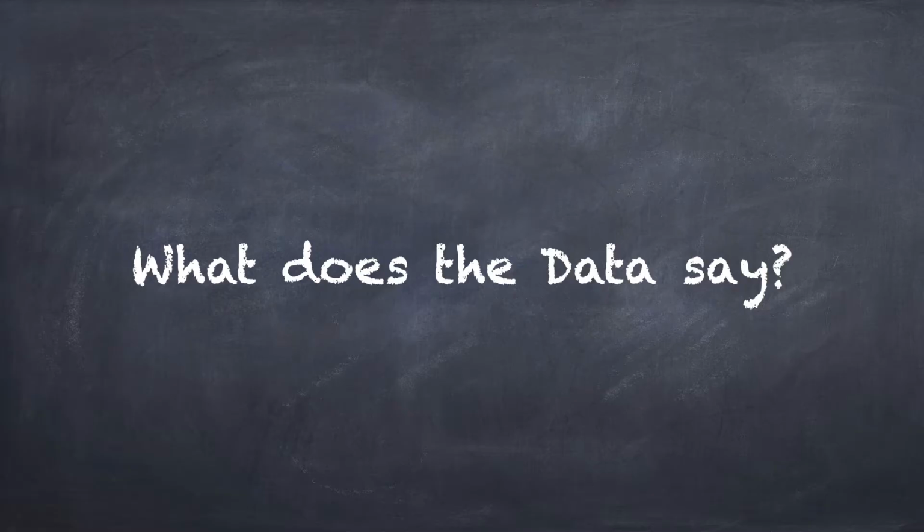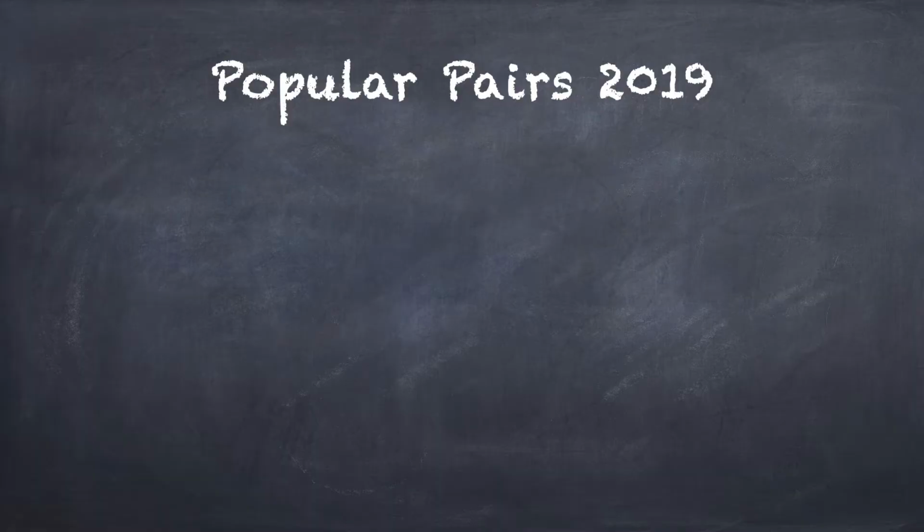So what does the data say when you look at the weekly charts on pretty much any pair? And really, let's talk about the most popular pairs. Let's talk about the pound USD, the pound JPY, EURJPY, pound AUD. Those are pretty popular pairs.